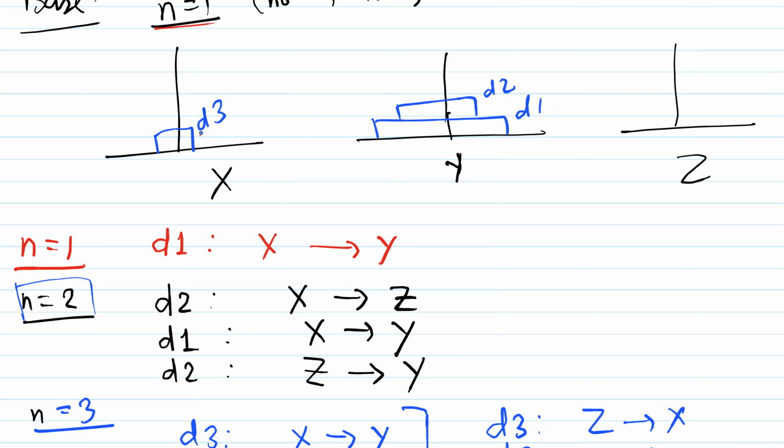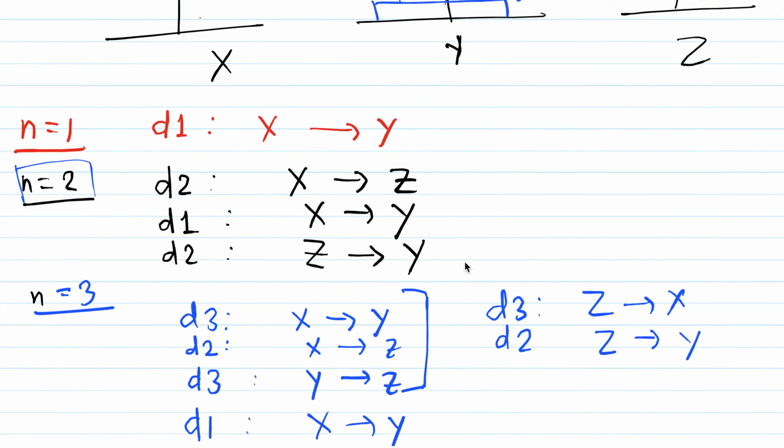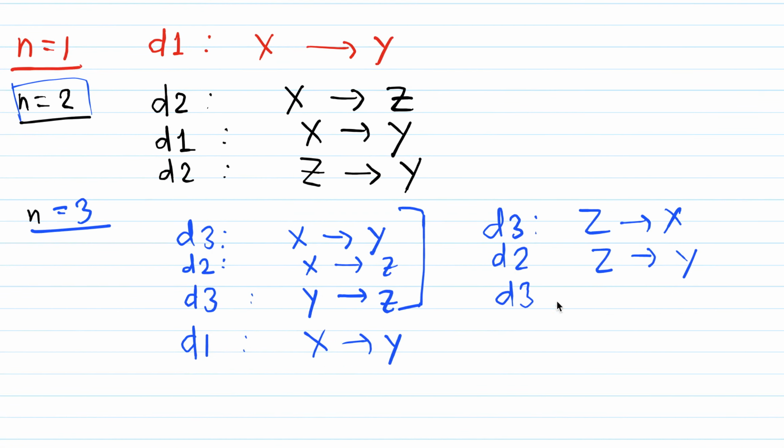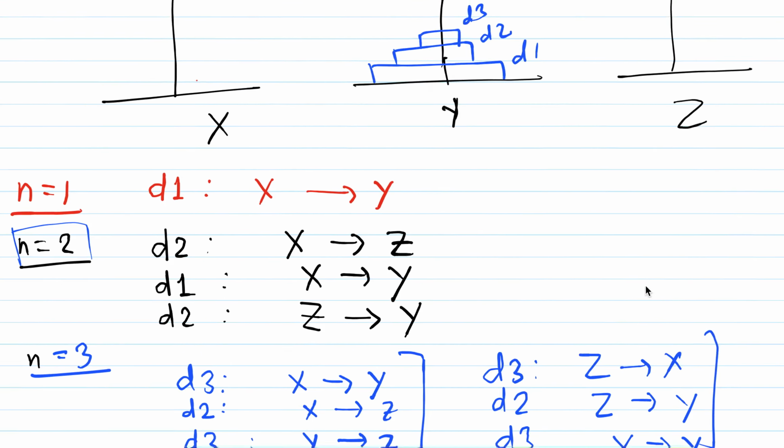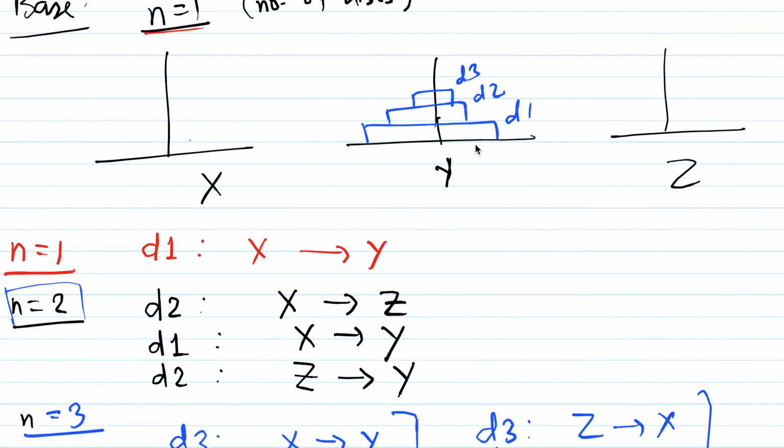And finally we will move this D3 from here to here. And now we are done. So last we moved D3 from X to Y. And we are done. We have solved it. We have moved all the three from here to here.